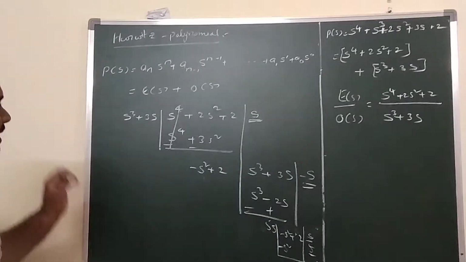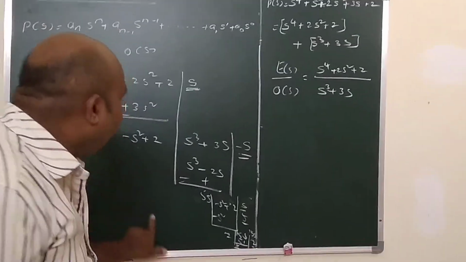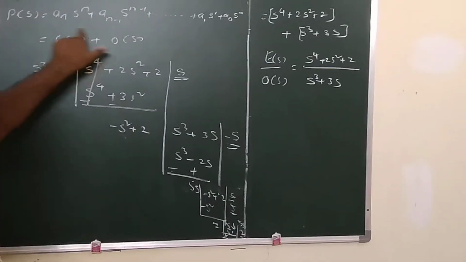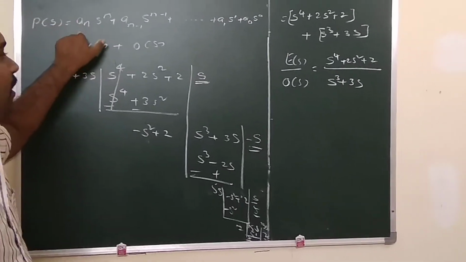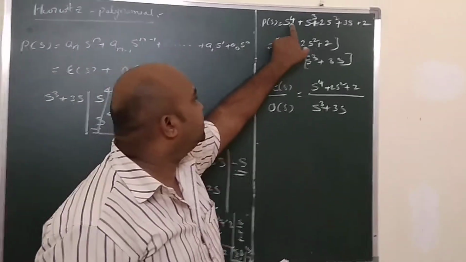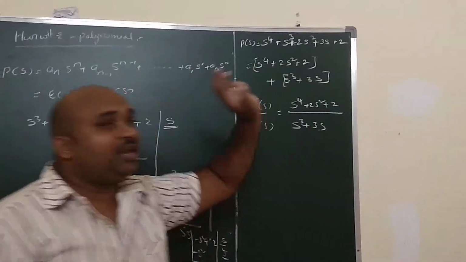A very important point is that this continued fraction expansion must be carried out for this particular polynomial function, and the polynomial must have the highest degree and the lowest degree, and between these two there must not be any missing term.